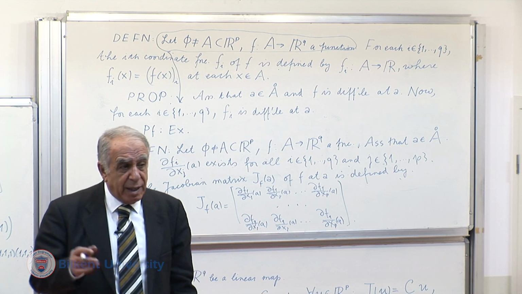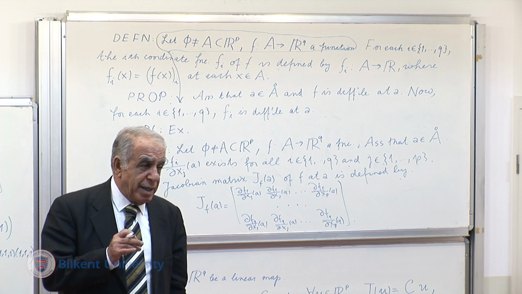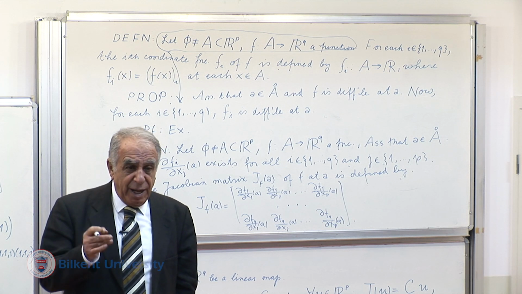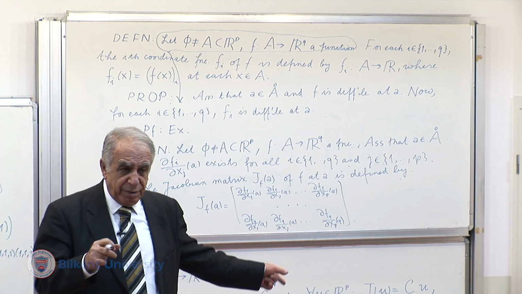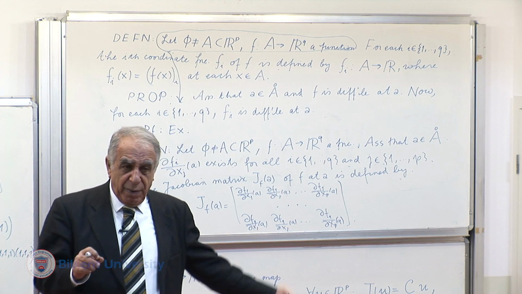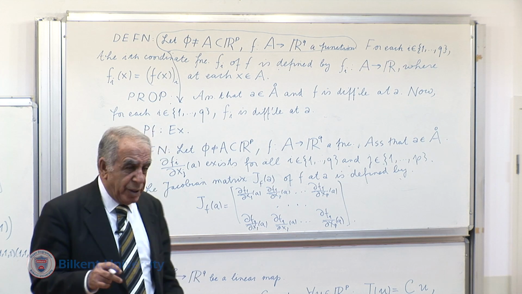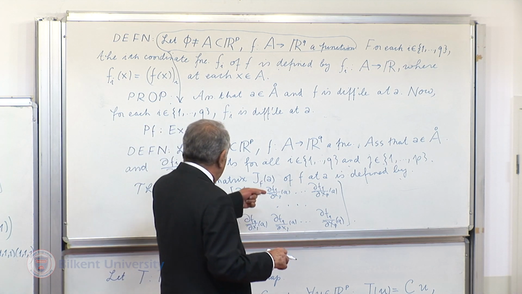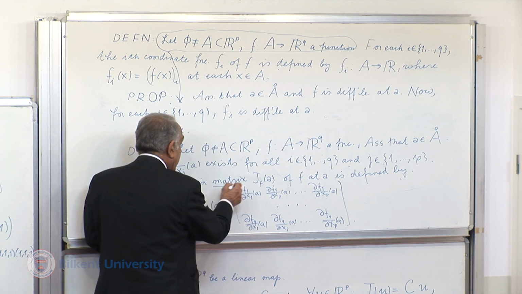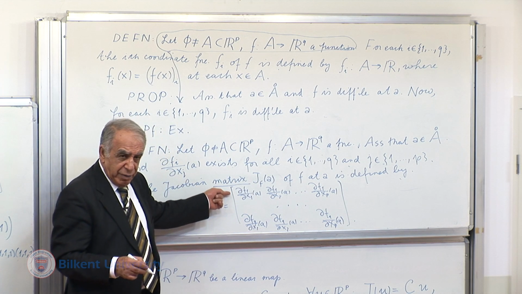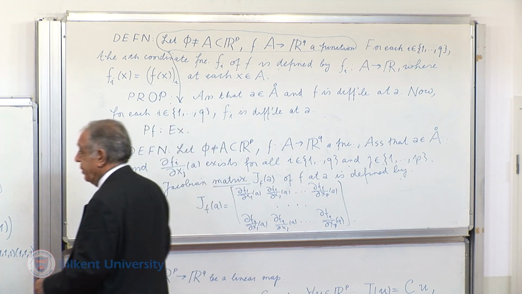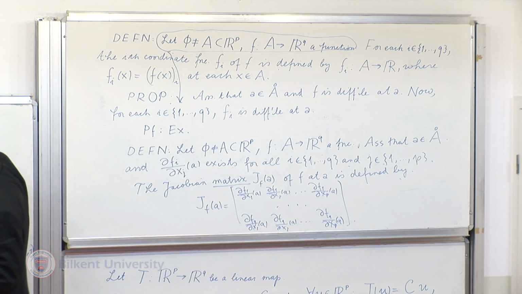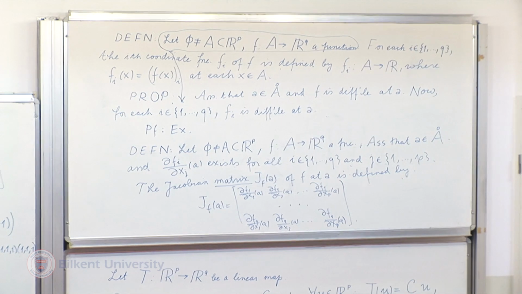So in fact, in calculus, the Jacobian of f at a refers to the determinant of J_f(a), where p and q are equal to each other. But here, in order to distinguish that, we refer to the Jacobian matrix. So let me also write that part.